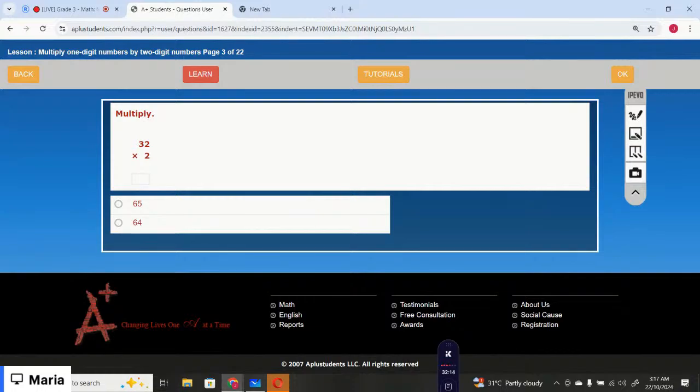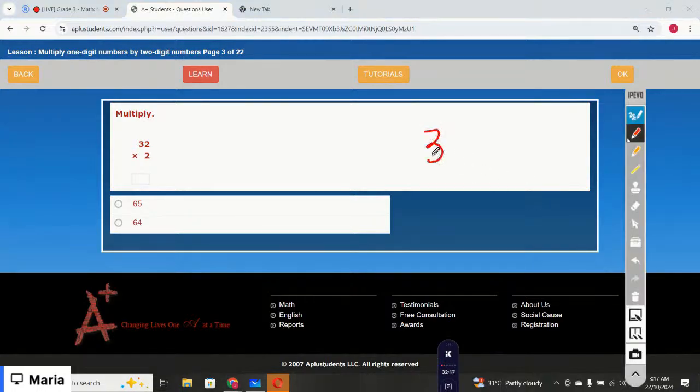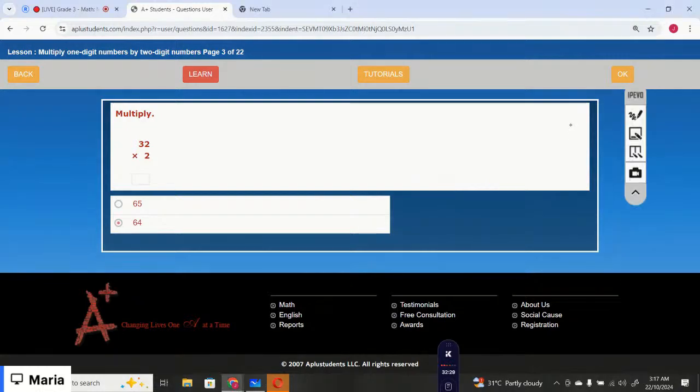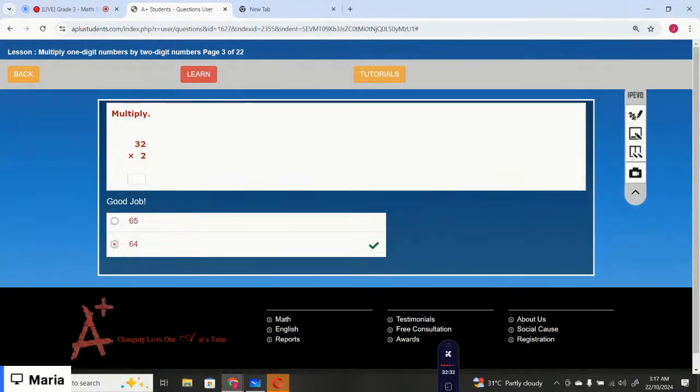So, which is the correct option? Very good. You have to do 2 times 2, that is 4. Then 2 times 3, that is 6. So, the correct option is 64. Option number 2 is the correct option. Very good. You guys are doing amazing.